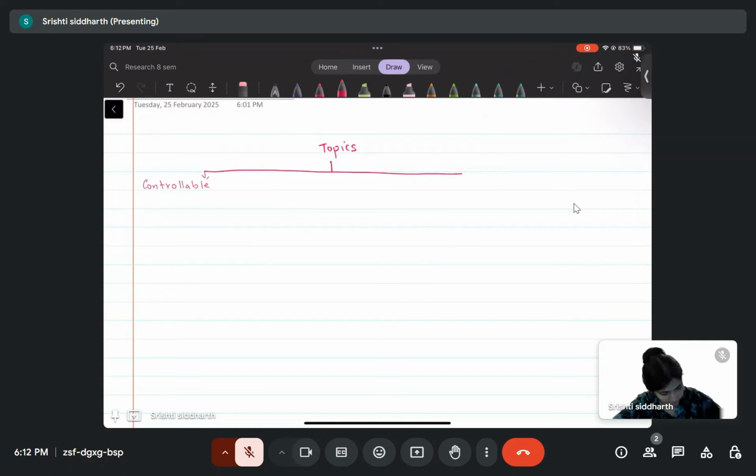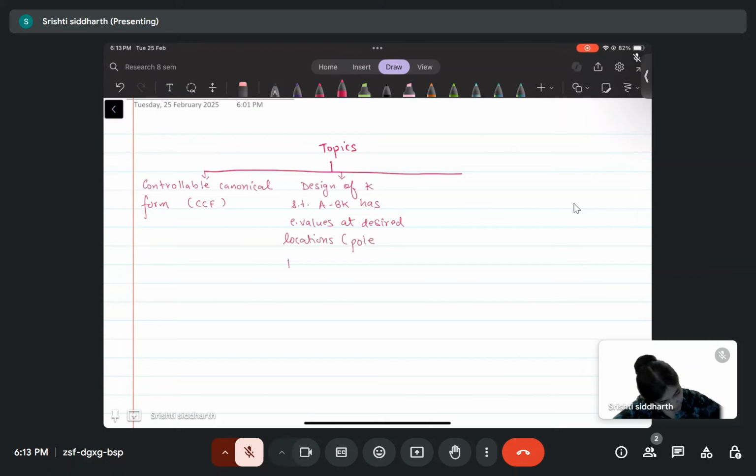Then how to design the gain matrix K, the design of K such that A minus BK has eigenvalues at desired locations. That is pole placement or eigenvalue assignment.